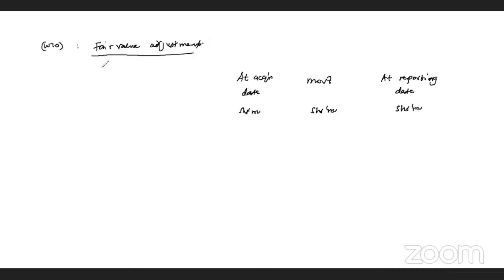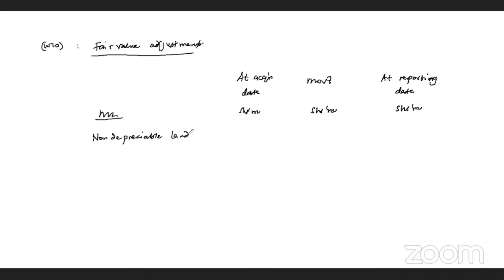We have one in ML, and this was non-depreciable land.